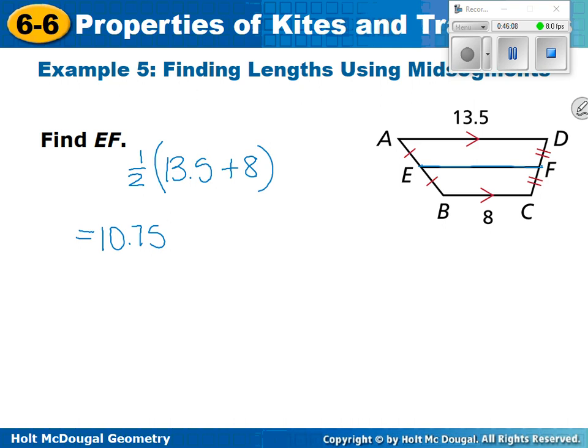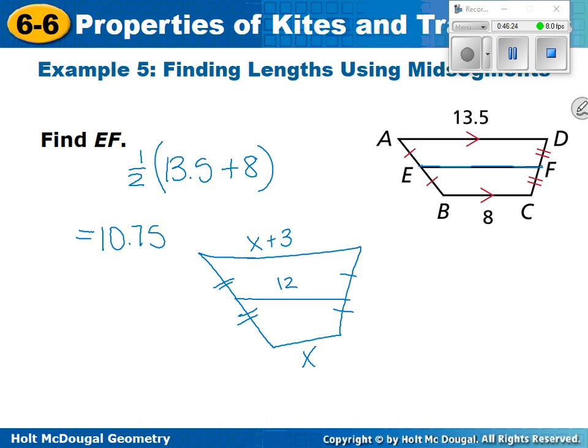Okay. Be careful. What if they gave you this picture? What would you do to solve for x?